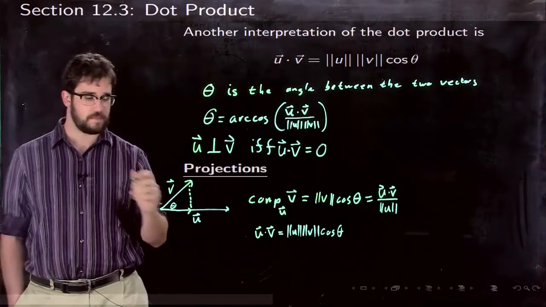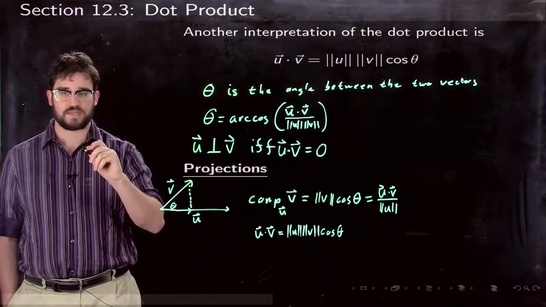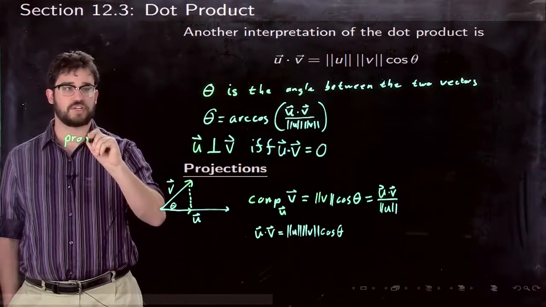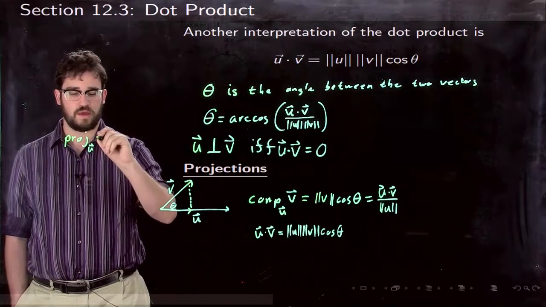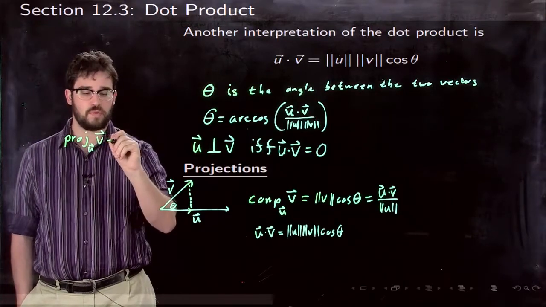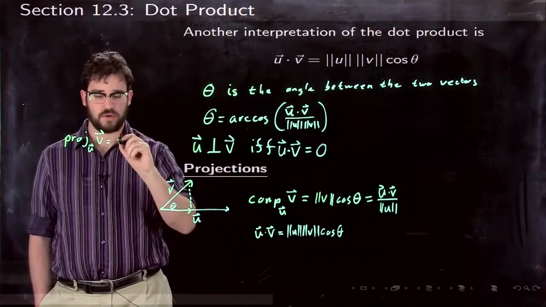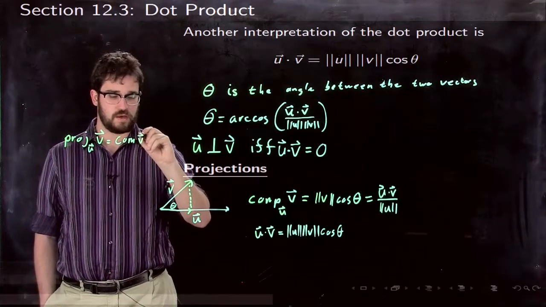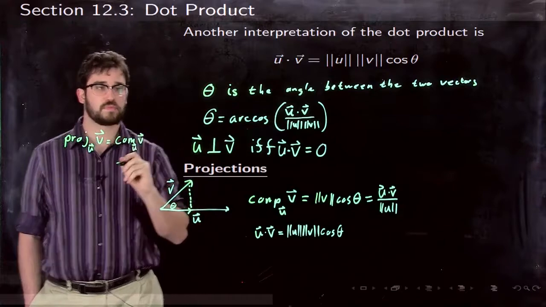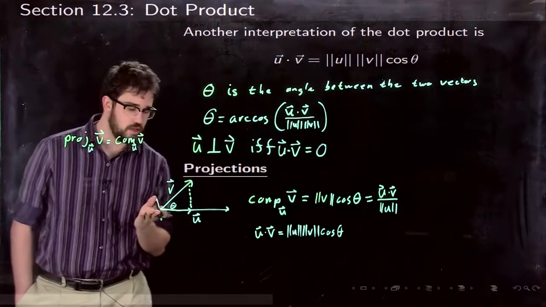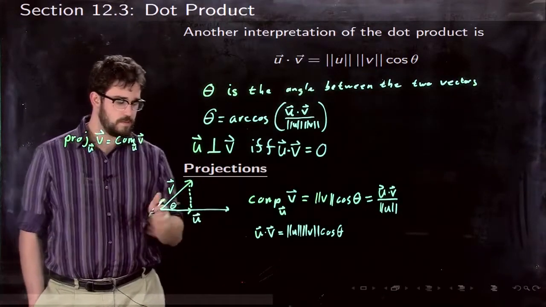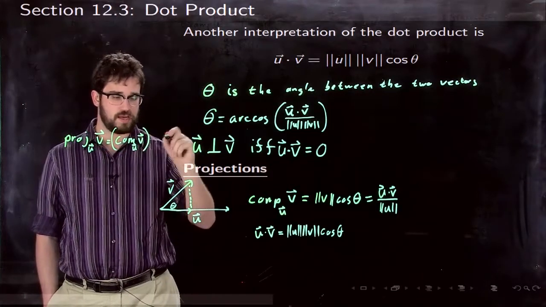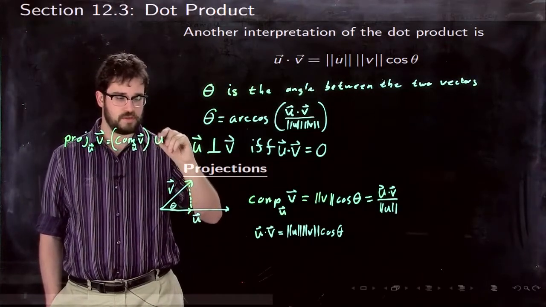So how would we do this? Well, let's think about this logically. We want this projection, which we'll write projection of v onto u. We want it to have a magnitude of the component of v onto u, but we want it along this u vector. So we'll multiply it by u.